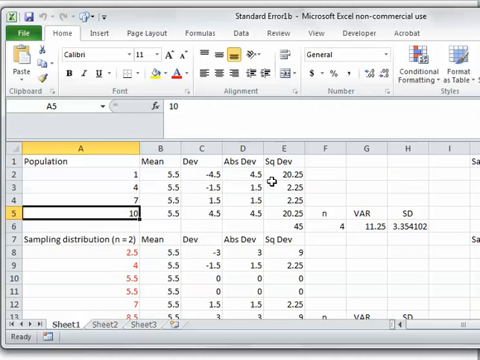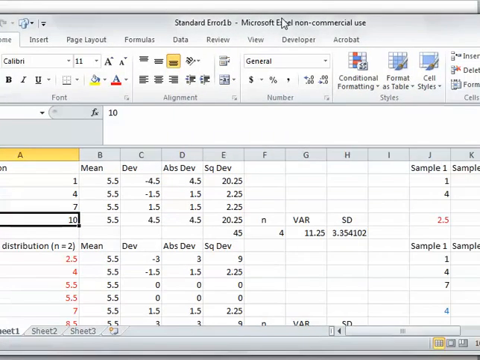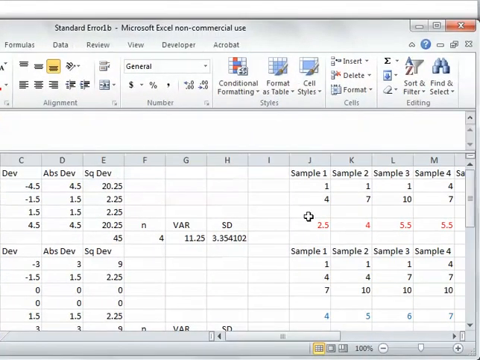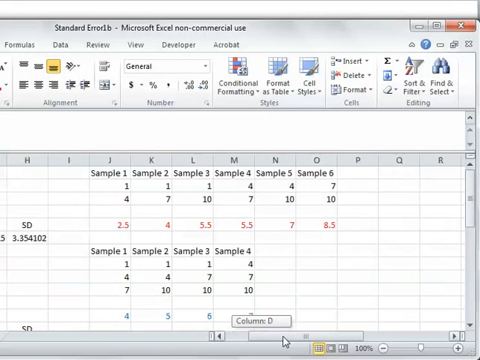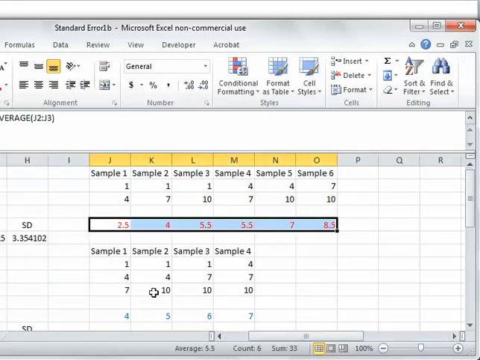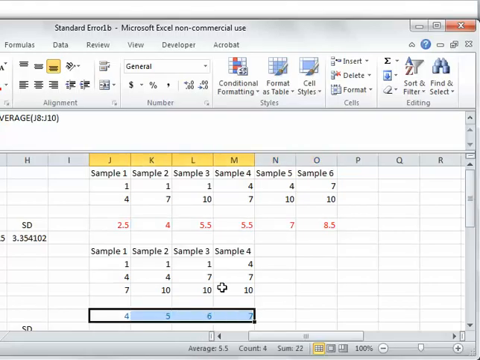Over here, we can see all the possible samples of 2, and their sample means right here. Here we can see all possible samples of 3, and their sample means. We also notice that these are further apart, and these are closer together, like we talked about before.